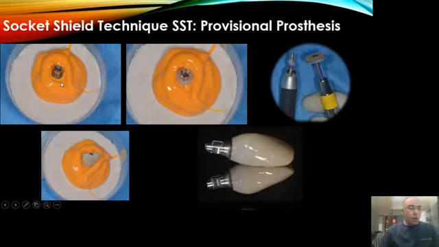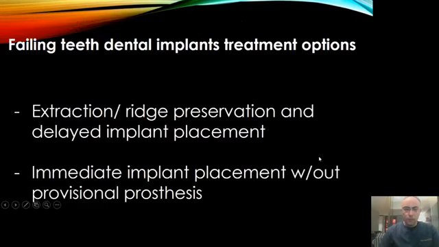We prepare, mainly in this case, a provisional full crown with any method, either chairside, or prefabricated at the lab, or digital implant dentistry or any guided surgery. And the main goal is just to use this crown to support the soft tissue around the implant.